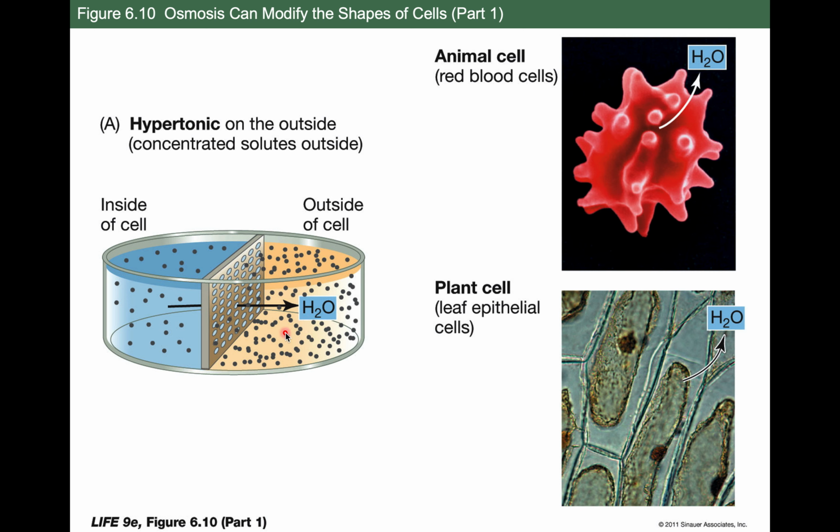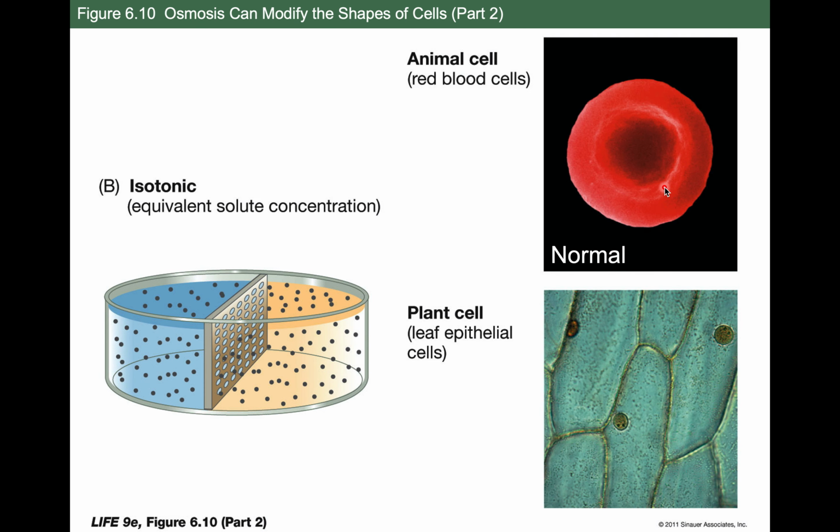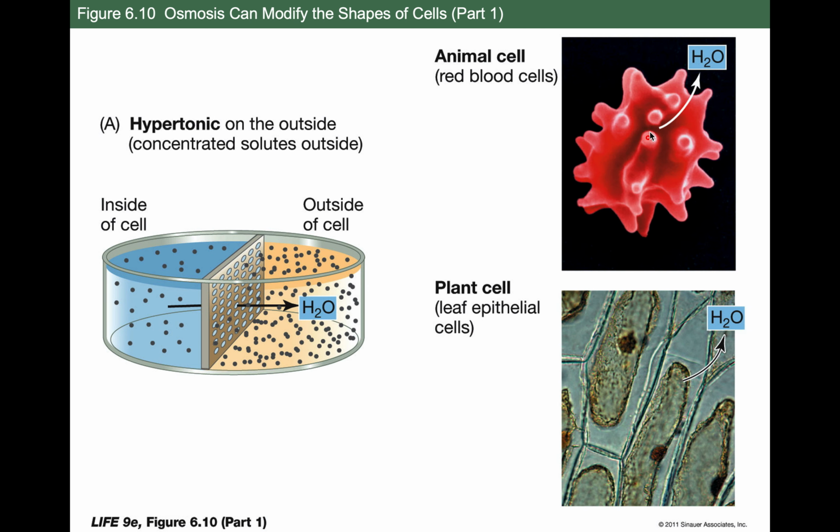You've got a high salt level in your blood. Well, what's going to happen now is, due to osmosis, water is going to flow out of your red blood cells, and they're going to look weird and shriveled up like this. So your red blood cells should look something like this, nice and smooth and round with a little dimple in the middle. So that's obviously not going to be good for the health and functioning of your red blood cells.